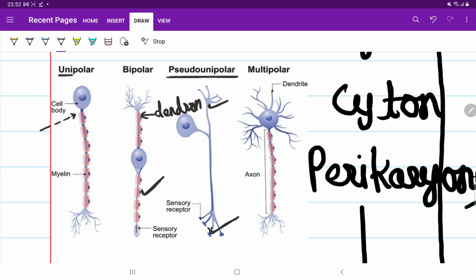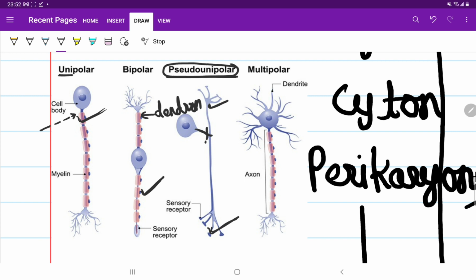But are you observing that from the cell body only one process starts? Till here it is like a unipolar neuron, but later it splits and forms a bipolar shape. That's why it is neither a unipolar nor a bipolar neuron, it's a pseudo unipolar neuron.